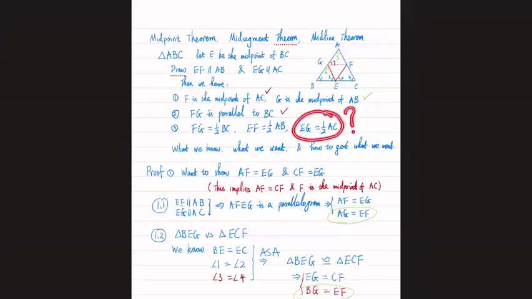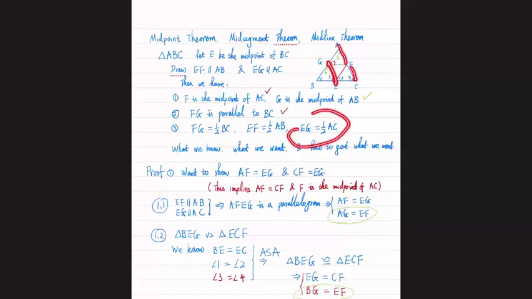We know about AG and EF, I think. So EG and AC. What we know is AF and GE are the same length. CE and GE are the same length.